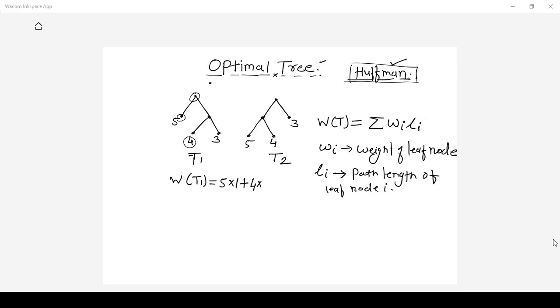How do we find the path length of the leaf node whose weight is 4? Count the number of edges from the root node till the leaf node. So two edges are there, plus the third leaf node whose weight is 3 into its path length 2. So the final weight of tree T1 becomes 19.